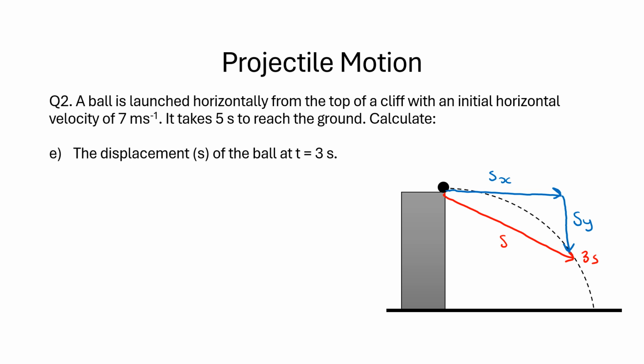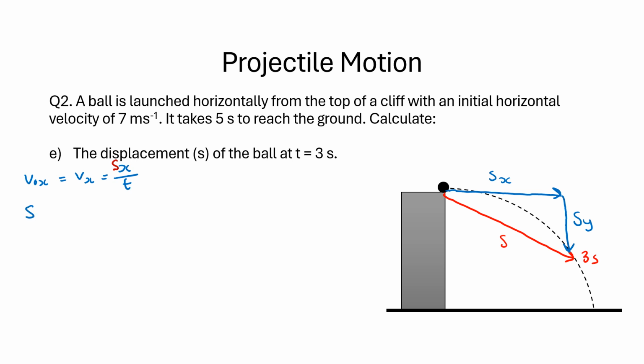Alright, so what is Sx? Here I will use the equation from the horizontal motion where the velocity is constant. We said v naught x is equal to Vx, which equals x over t. But in this case, instead of x, I will put Sx. So now let's make Sx the subject.